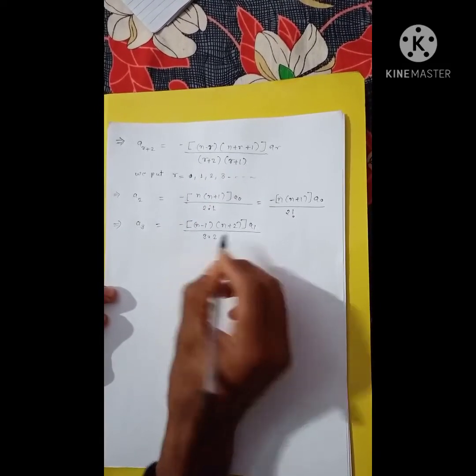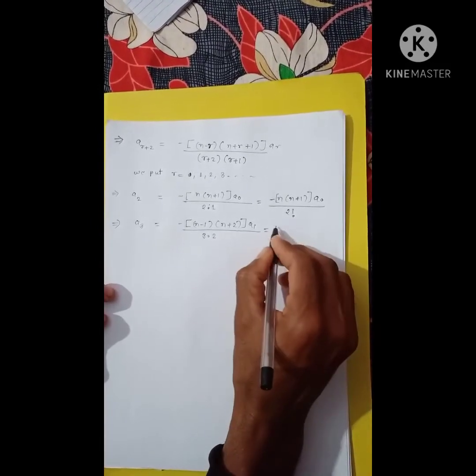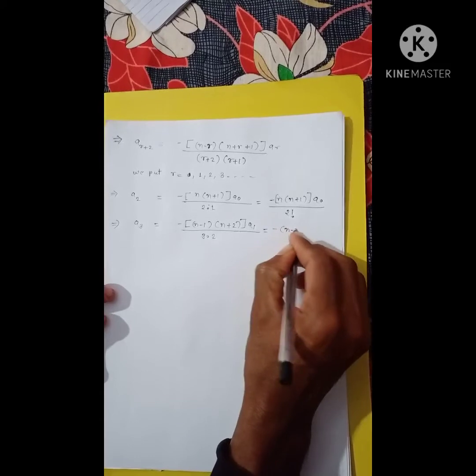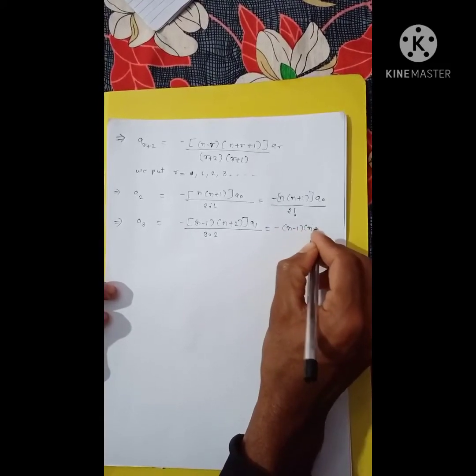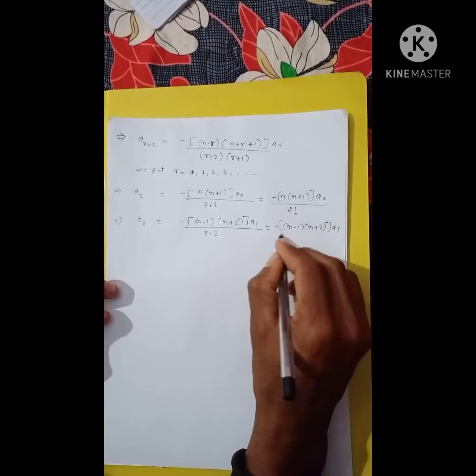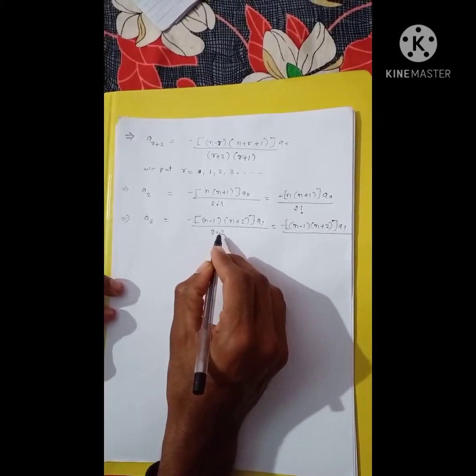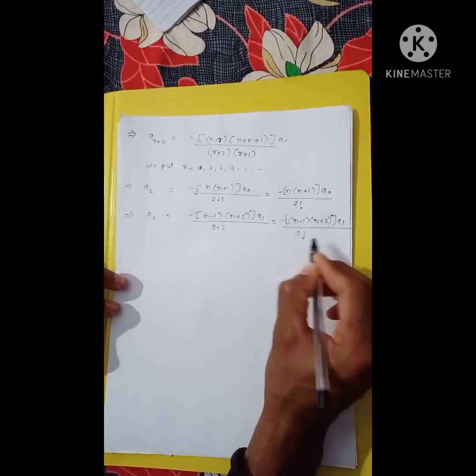So 3 into 2 is equal to minus (n minus 1) into (n plus 2) a1. So 3 into 2 into 1 becomes 3 factorial.